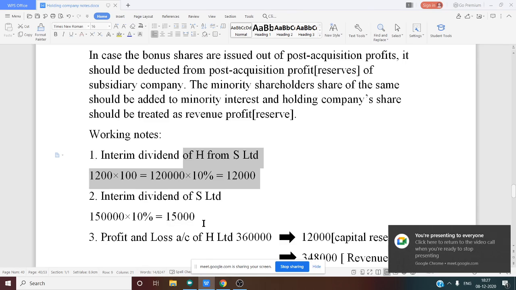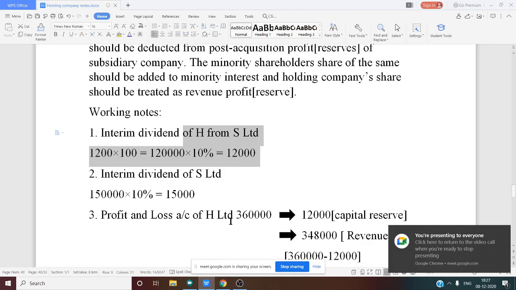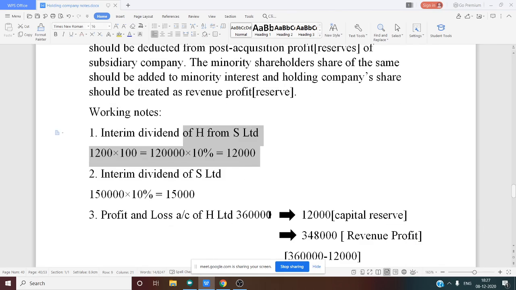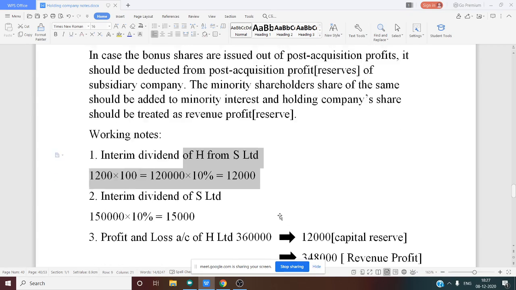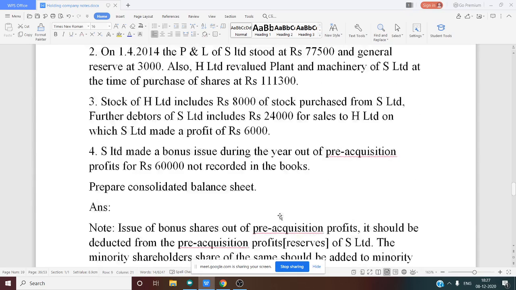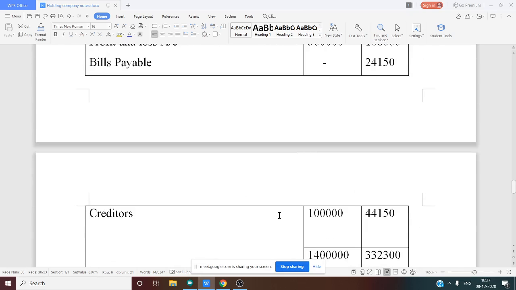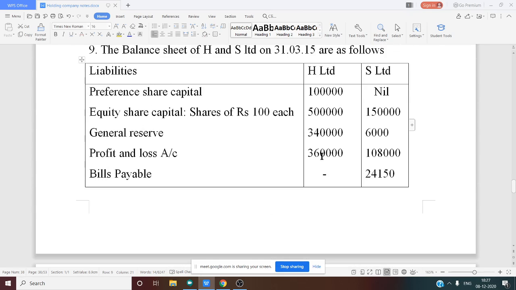Yes. So after this, there is the profit and loss account of the holding company. I told you, right, you have to divide it between two. Why? Because there is a capital profit and a revenue profit, and whenever there is a capital profit you have to show that as capital reserve. So now let us see the balance sheet once again, because here we want the profit and loss account of the holding company, not the subsidiary.